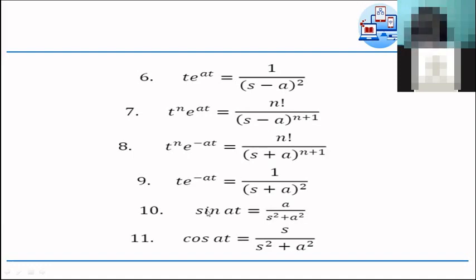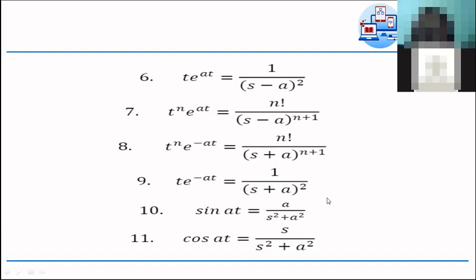Next, number 9. t multiplied by e raised to negative a multiplied by t is equal to 1 all over the quantity s plus a raised to 2. It's the same as your number 6, but here the exponent is negative, while in your divisor we have a positive operation, s plus a raised to 2.